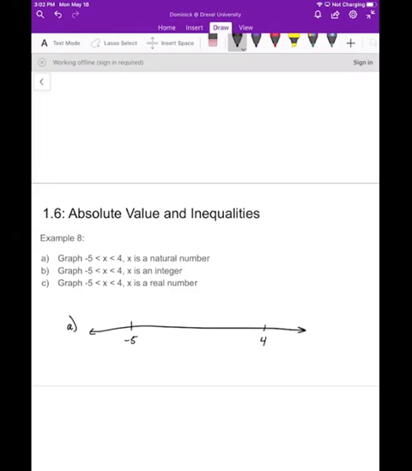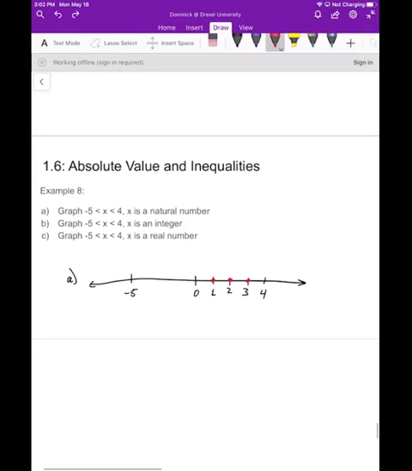So of course, again, if you have 0 somewhere in here, then 1, 2, 3, 4. Now remember, your natural numbers are your positive whole numbers. So the only numbers here are 1, 2, 3, and 4. Actually, sorry, not even 4, because this is strictly less than. Okay, so you have to be a little bit more careful here.